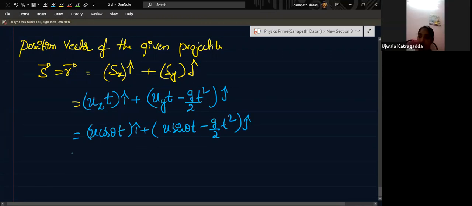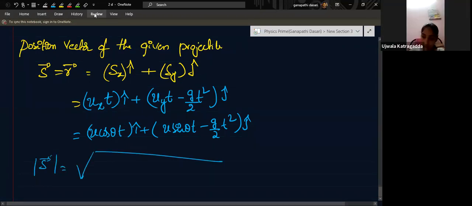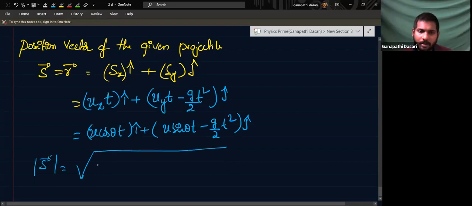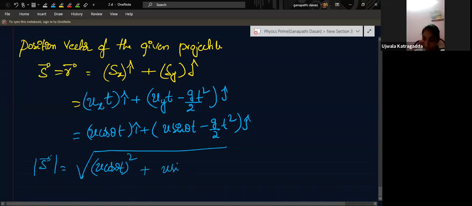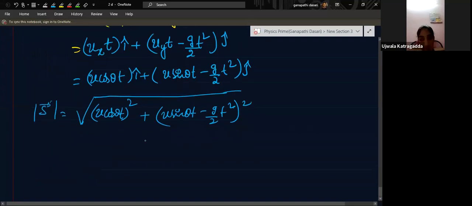If the displacement magnitude is asked, it is the square root of (u cos theta t) whole square plus (u sin theta t minus g by 2 t square) whole square. That's it.